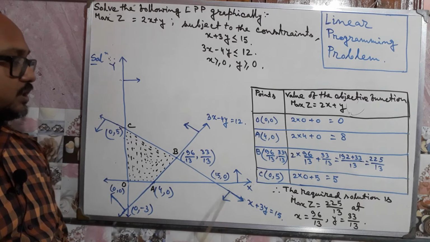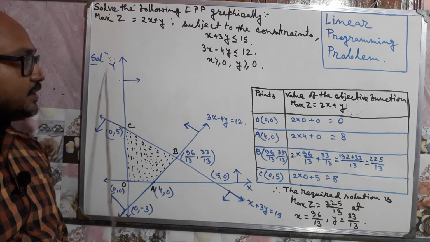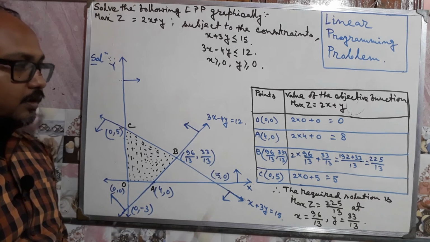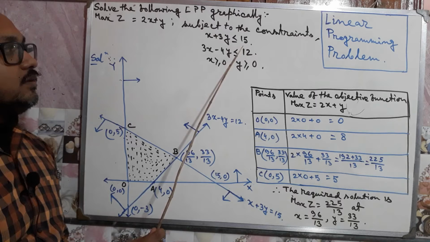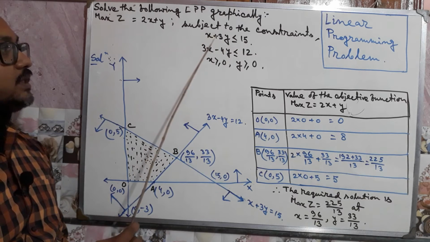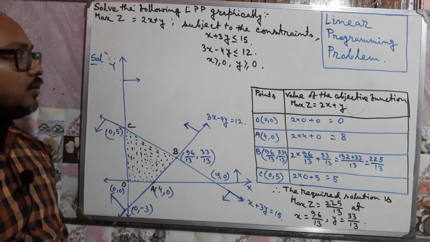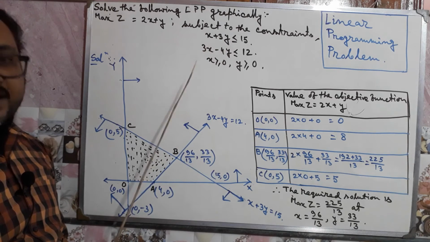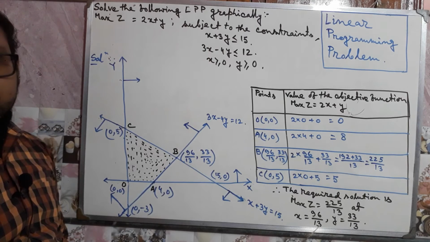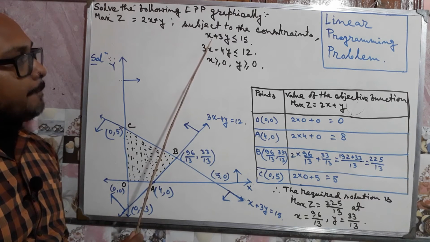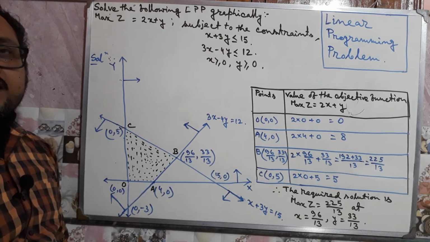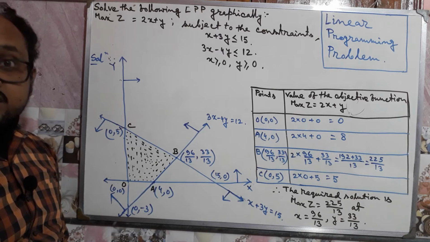Now this line divides the total plane in two parts, this upper part and this lower part. Which portion is indicated by this inequation? You see, x plus 3y less than or equal to 15. Suppose we take the origin, 0, 0, the value of x is 0 and y equal to 0. Put this value here, that is 0 plus 3 into 0, so ultimately the left hand side becomes 0.